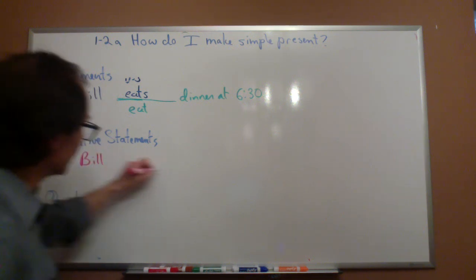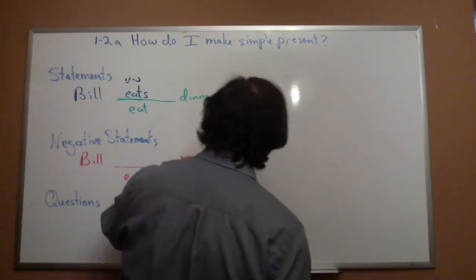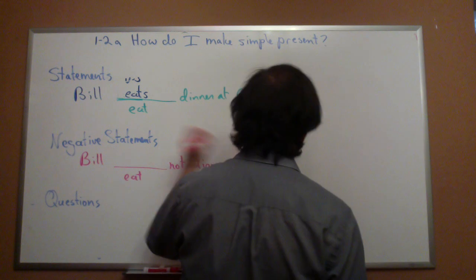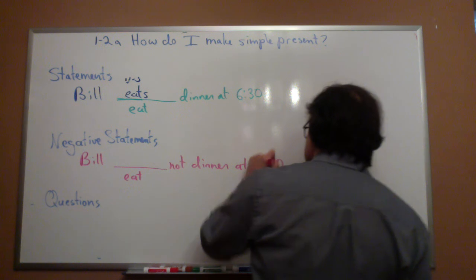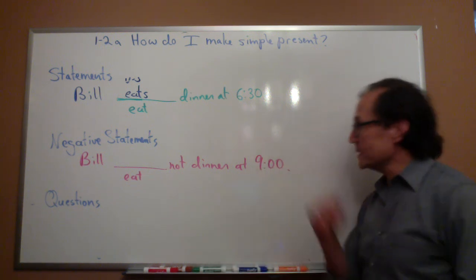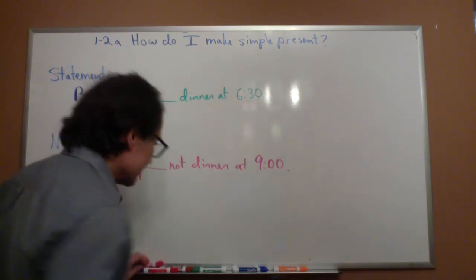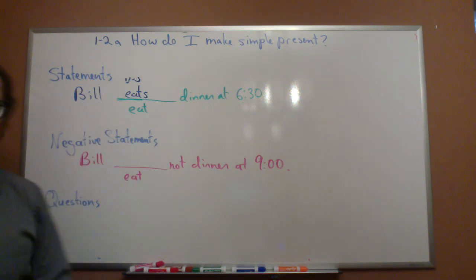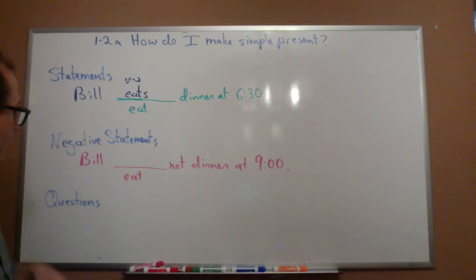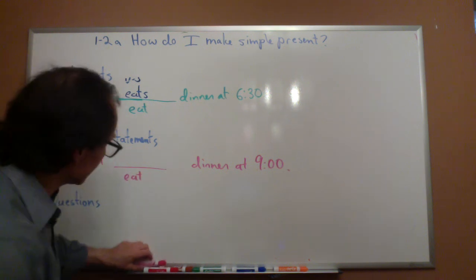Bill blank eat not dinner at, let's see, he eats dinner at 6:30, so let's say he doesn't eat dinner at 9. So for the positive statement, I say Bill eats dinner at 6:30. For the negative statement, take a minute and see if you know this.